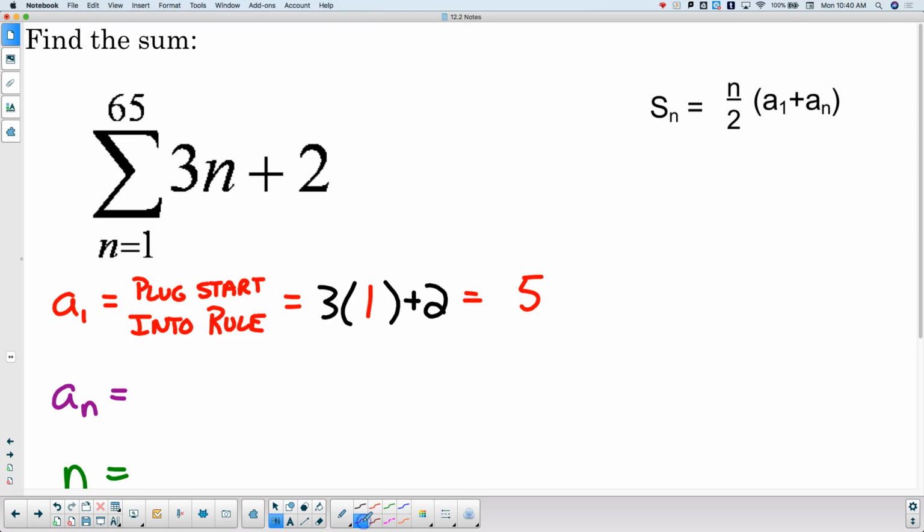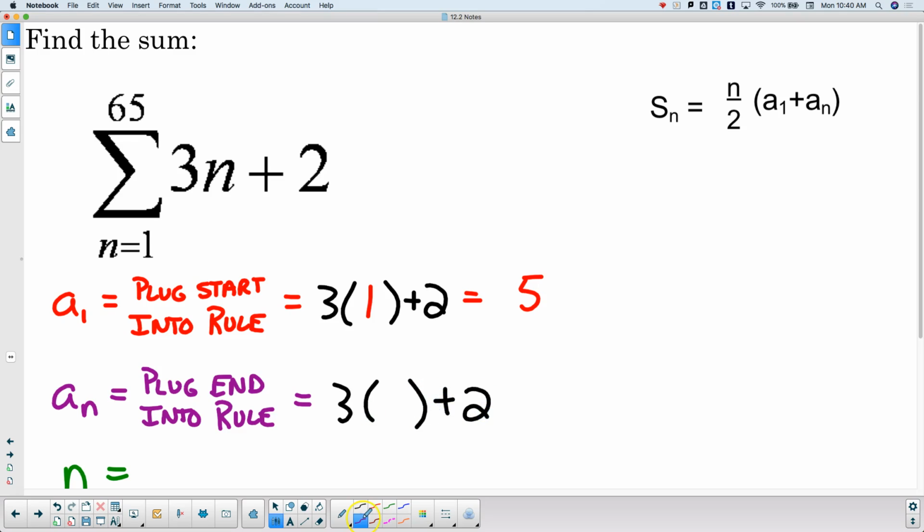To find the last term, you're going to plug the end number into the rule. So that's going to be 3 times 65 plus 2. Okay. 3 times 65 is 195, plus 2 is 197.